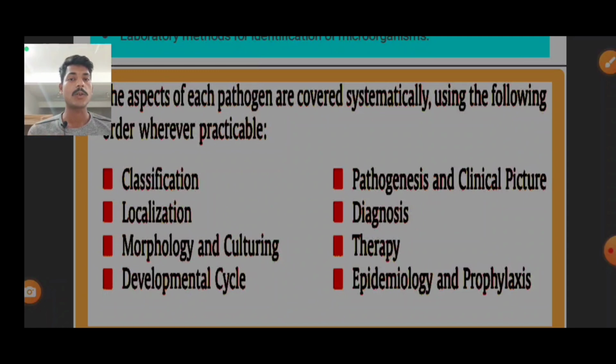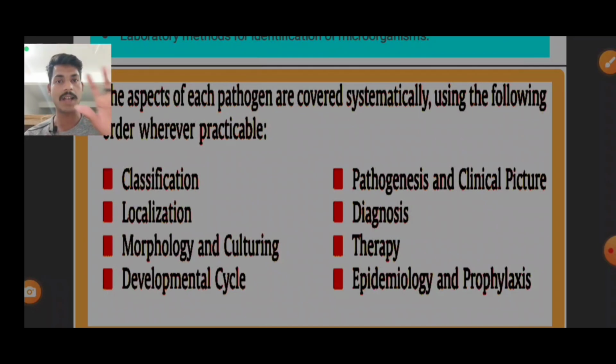In this lecture we will discuss each and every microbe under the following things. If microbes show pathogenic activity, they are known as pathogens. So we will discuss each pathogenic microbe under these following topics. First is classification, then where those pathogens occur, their localization, then their morphology and culturing.